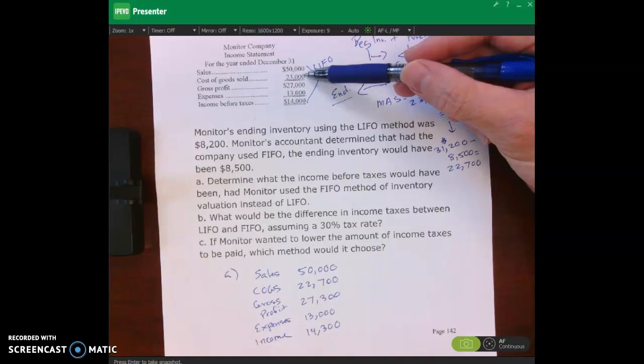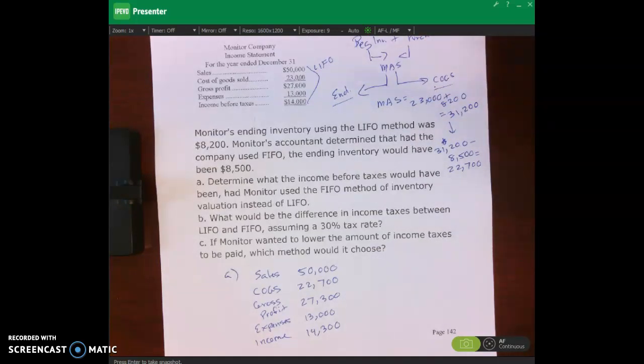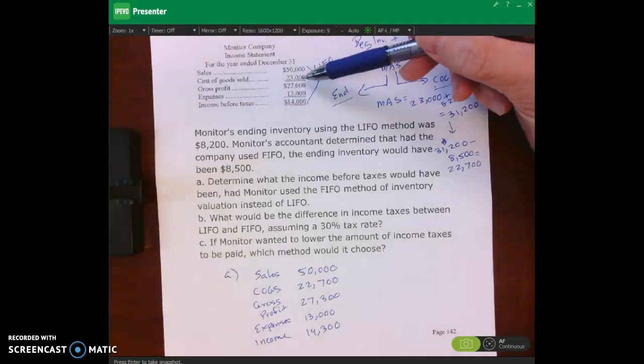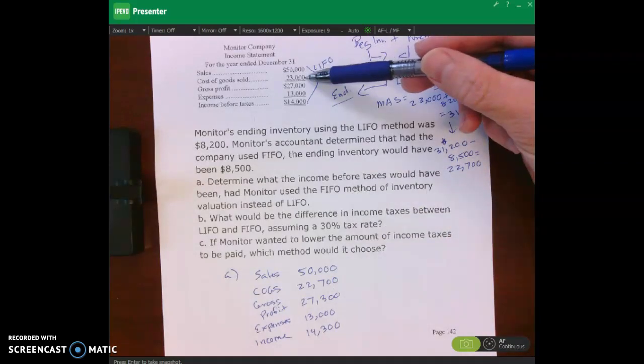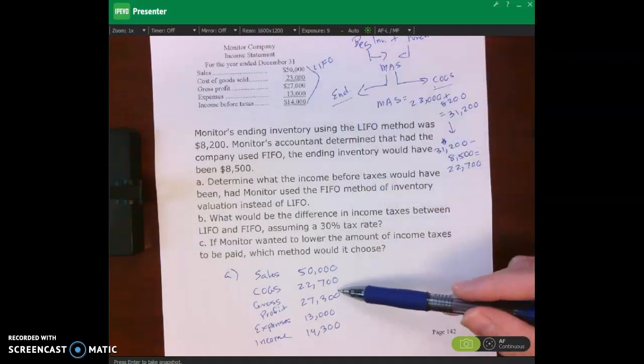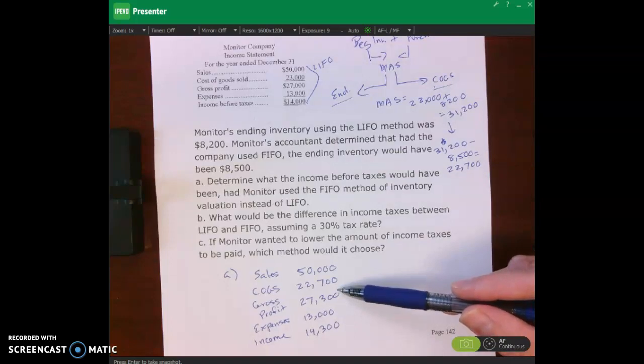But with FIFO, it's those older purchases that are assigned to cost of goods sold, because it mimics the physical flow of inventory. So that's why cost of goods sold right over here is higher under LIFO than it is under FIFO. Okay?